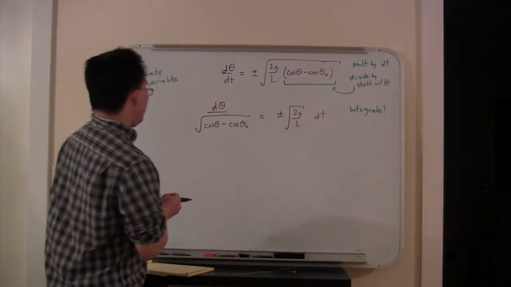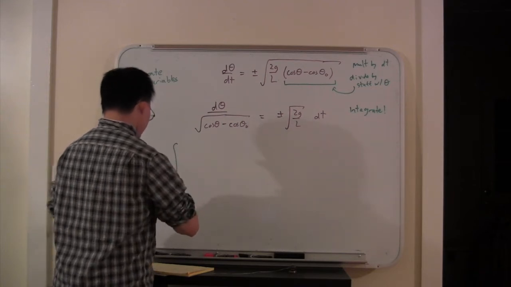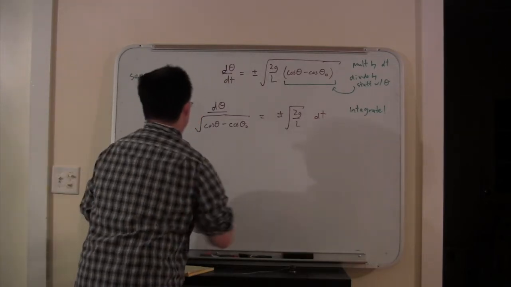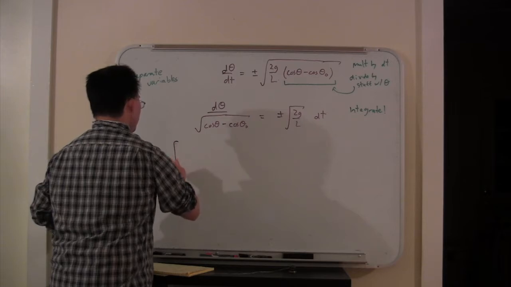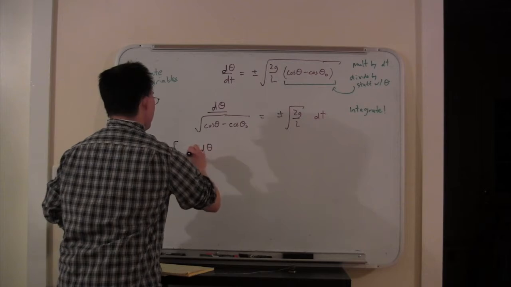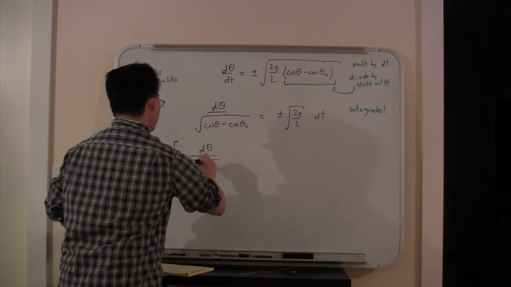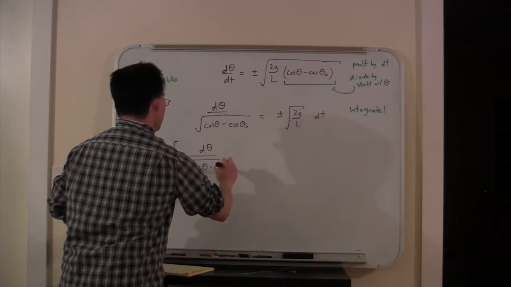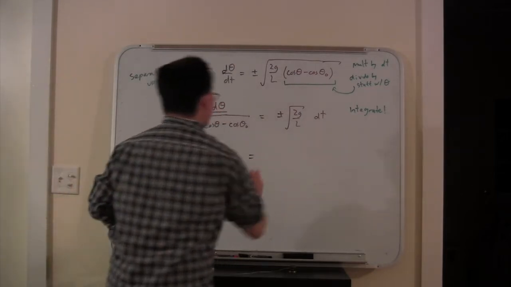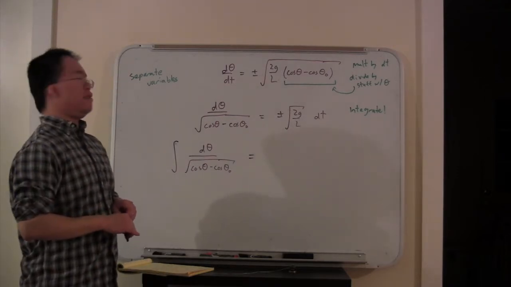So I'll write this out formally. Now if I integrate both sides, I have the integral of d theta over the square root of cosine theta minus cosine theta naught over here, and over here on this side I have dt.